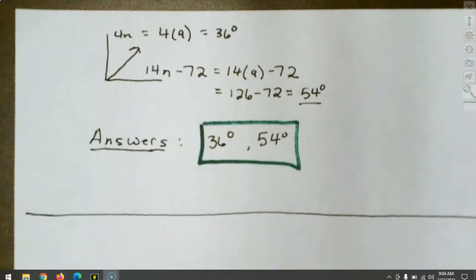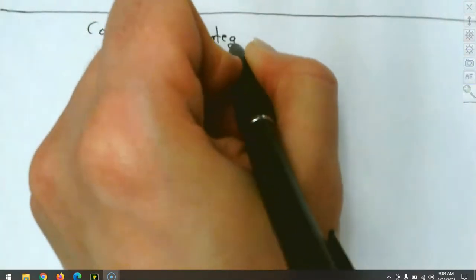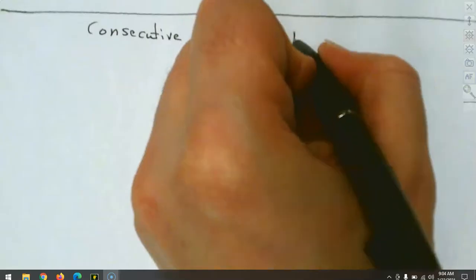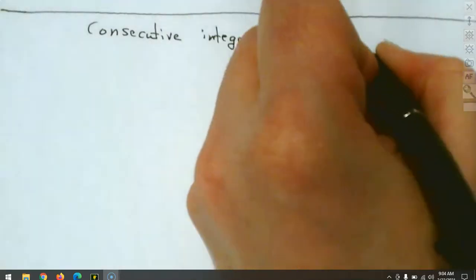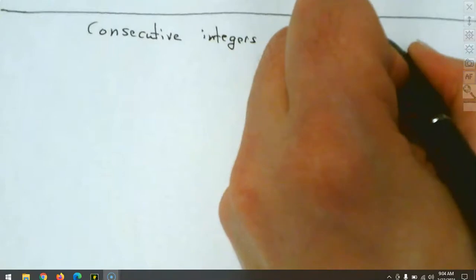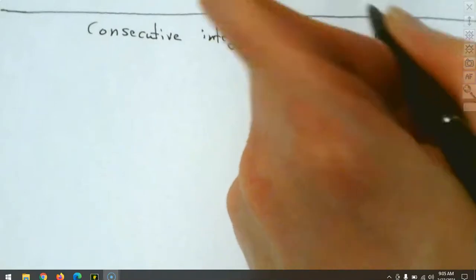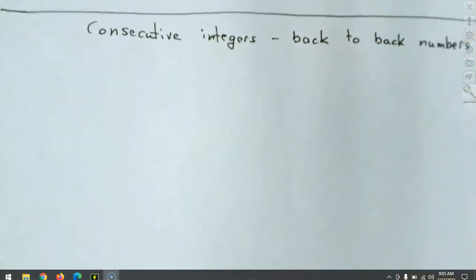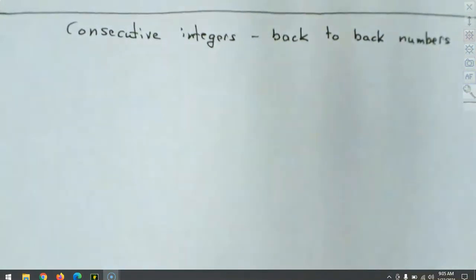So let's kind of review quickly consecutive integers. Now, what are consecutive integers? Well, consecutive integers are back-to-back numbers. Okay, that's your basic definition of consecutive integers.